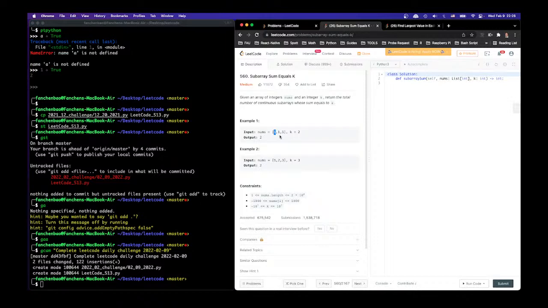Well, if we find a range that's already sum to k, and I move on, it's too big. Do I ditch?